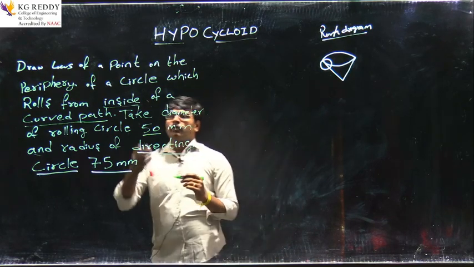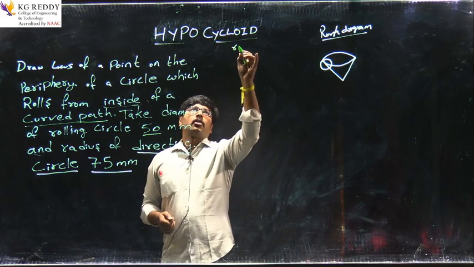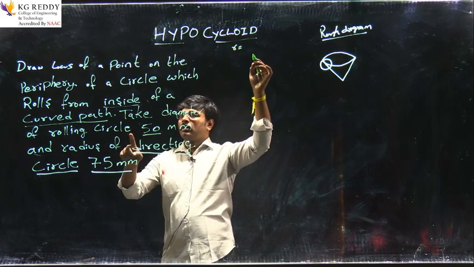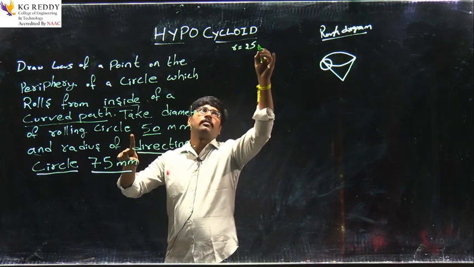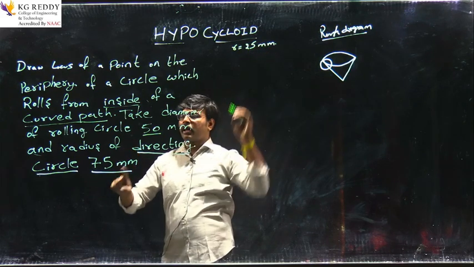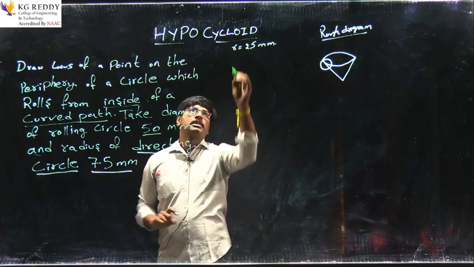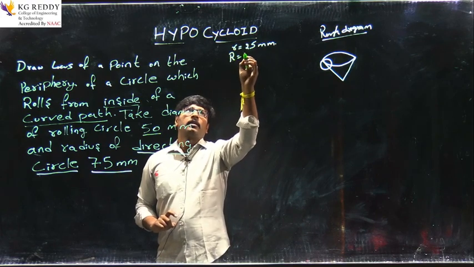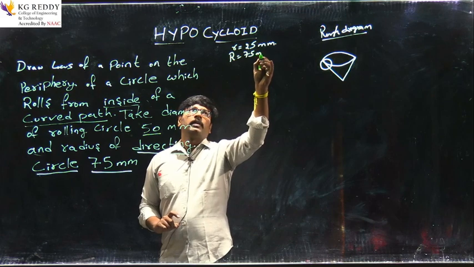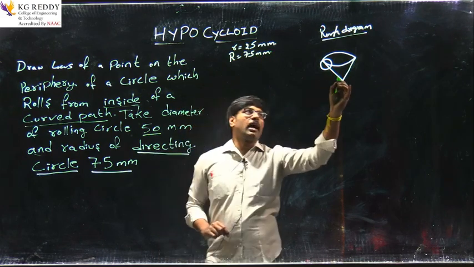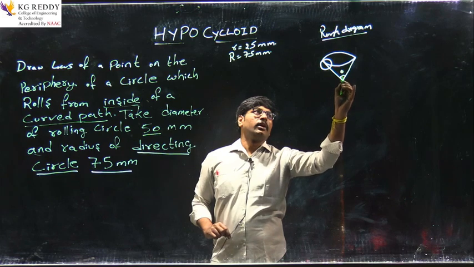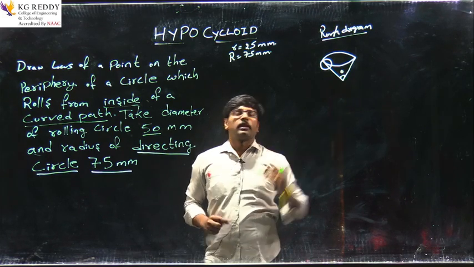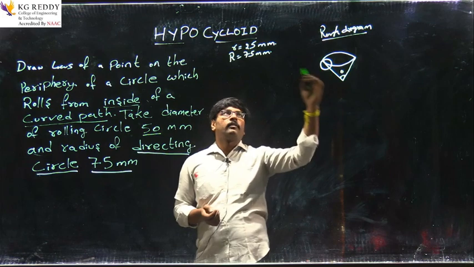So we will get the roller radius. Here they have given the diameter, so this is 25 mm radius, and the radius of the directing circle is capital R, that is equal to 75 mm. Here we have to find theta as we did in the previous epicycloid video.